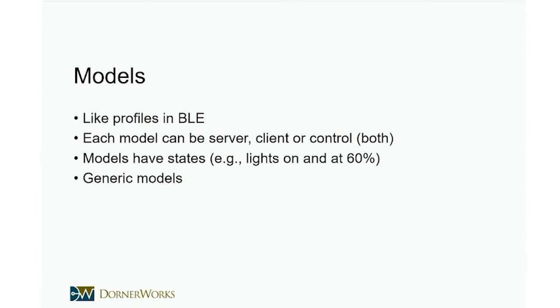As long as it satisfies the heart rate monitor profile, everybody knows how to communicate with it. So you can have a bunch of different hardware vendors implement the heart rate monitor profile, and then any phone on the market who understands how to communicate with a heart rate monitor profile can write an app for that. Models, on the other hand, are the same concept, but in mesh networking.